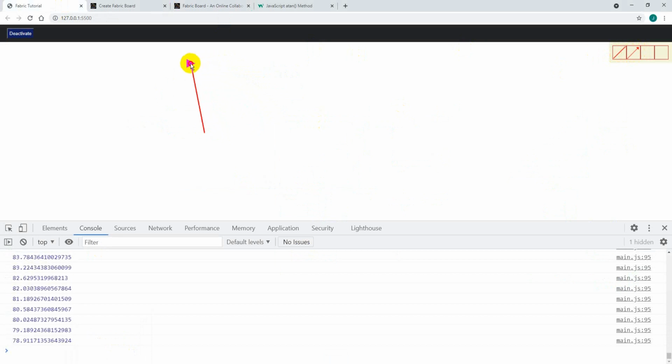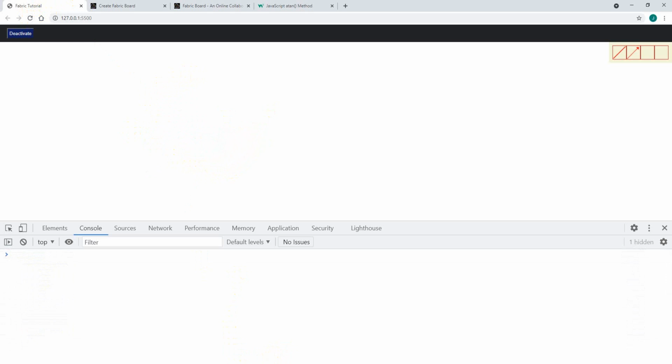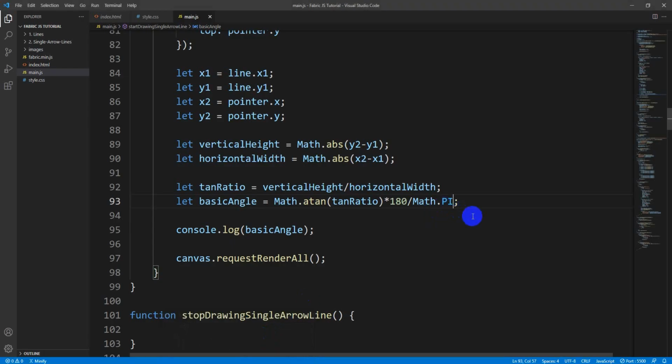As you can see, the range is from 0 to 90 degrees. It doesn't go beyond 90 degrees. So I think all is good over here. We have found the basic angle, and we can use this basic angle to adjust our triangle.